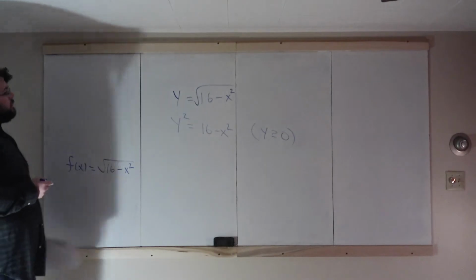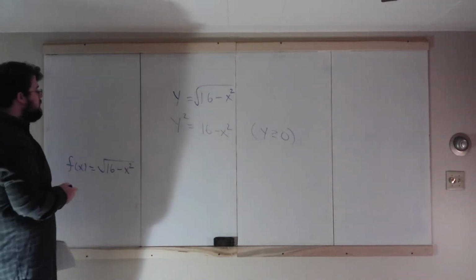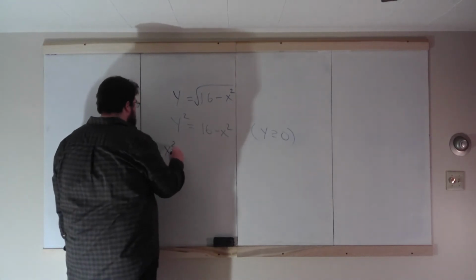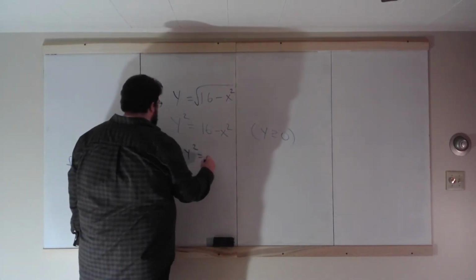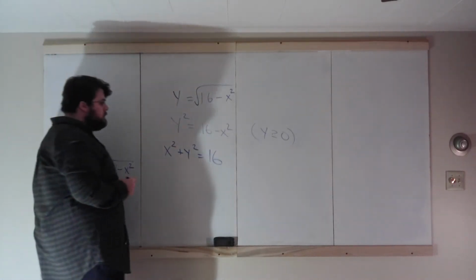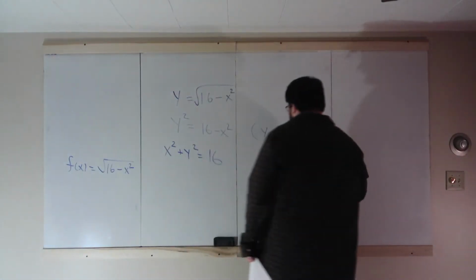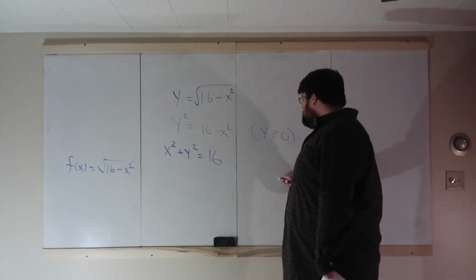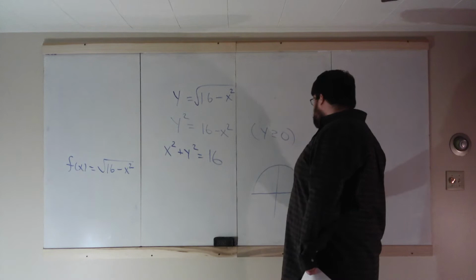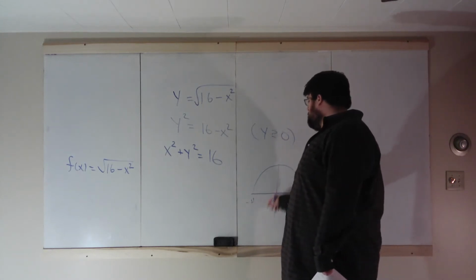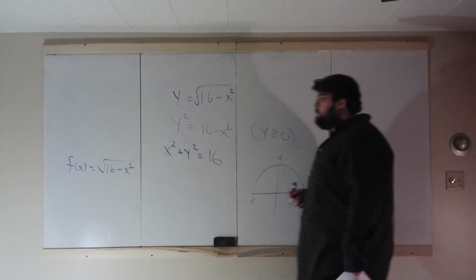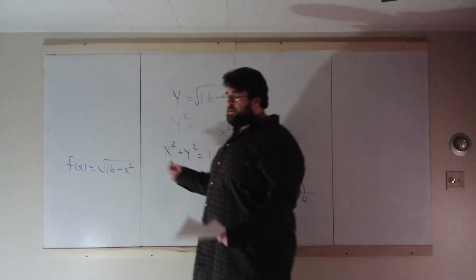We can't consider negative y's because square roots don't evaluate to negatives. What if we rewrite this? What is that? Well, with this restriction, that's a semicircle. So this right here is the graph of a semicircle.